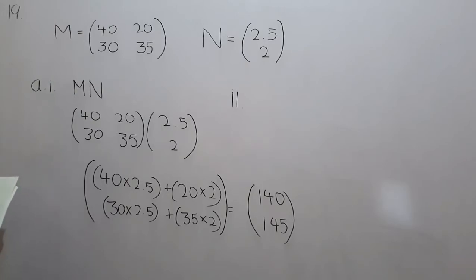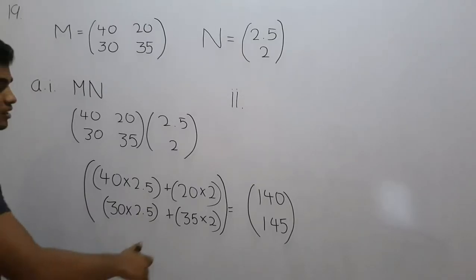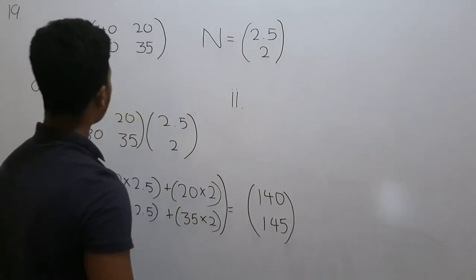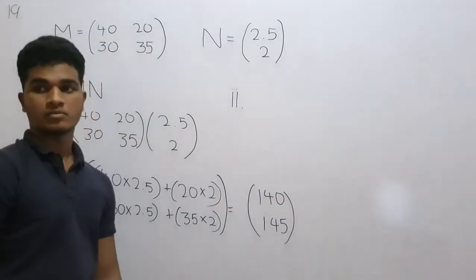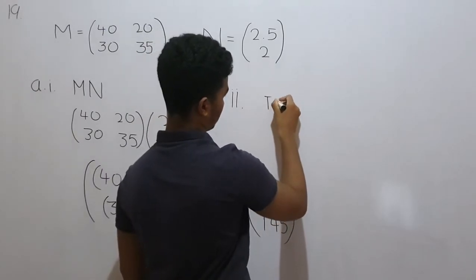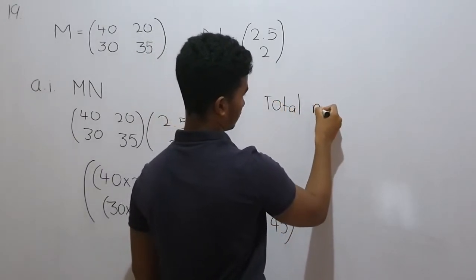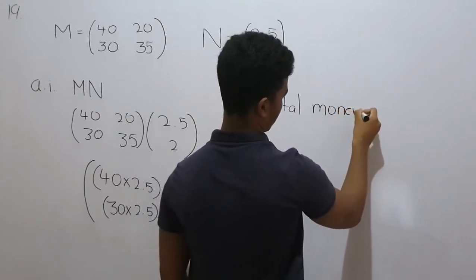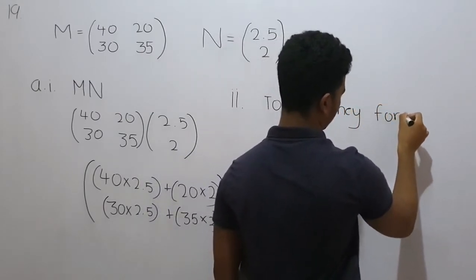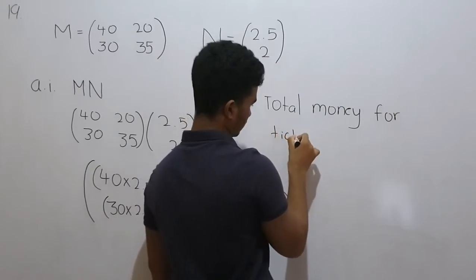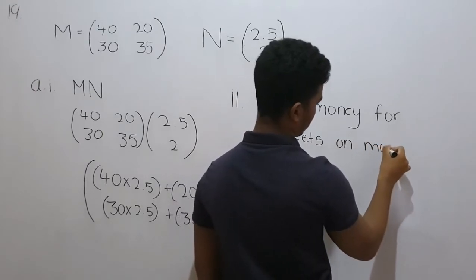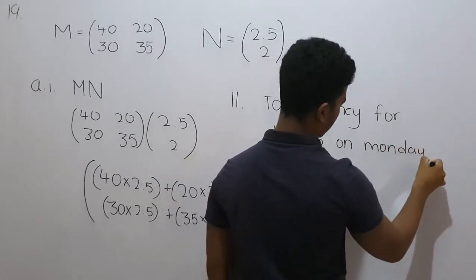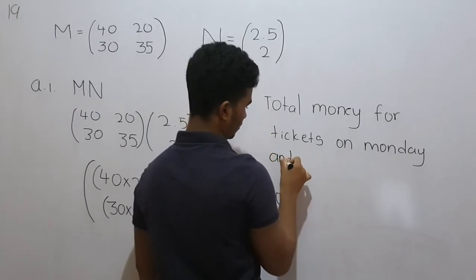So that is basically the total money for tickets on Monday and total money for tickets on Tuesday.